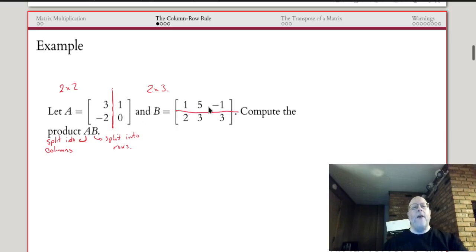And then we will pair up the first column with the first row and the second column with the second row. So we're going to pair up 3, -2 with 1, 5, -1. And then we're going to pair up 1, 0 with 2, 3, 3.